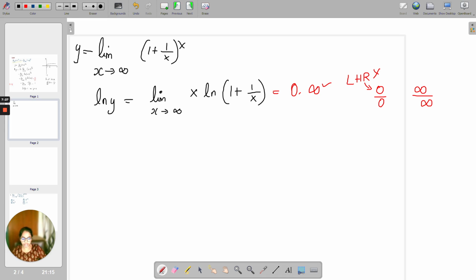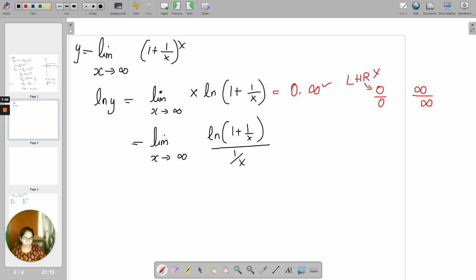That is limit x tending to infinity. I can write it by taking this x to the denominator, x inverse, or let me write it as 1 divided by x.